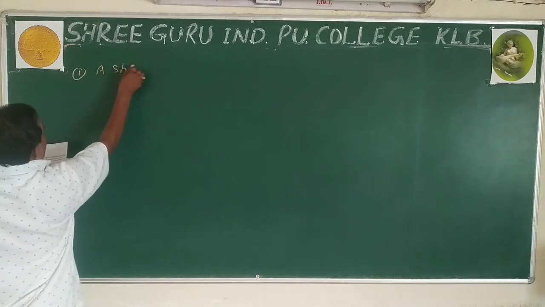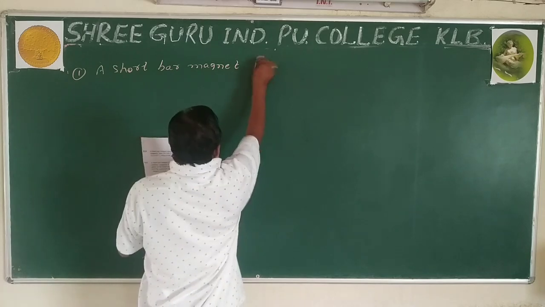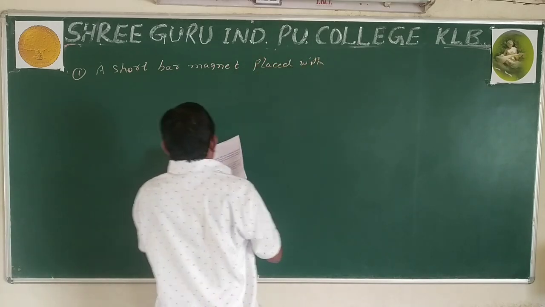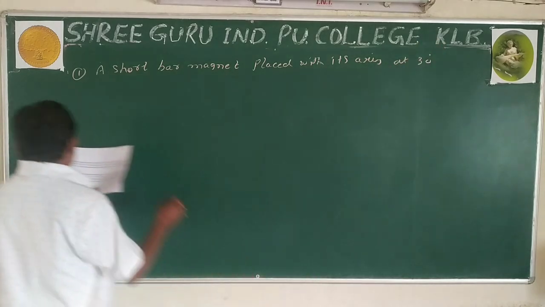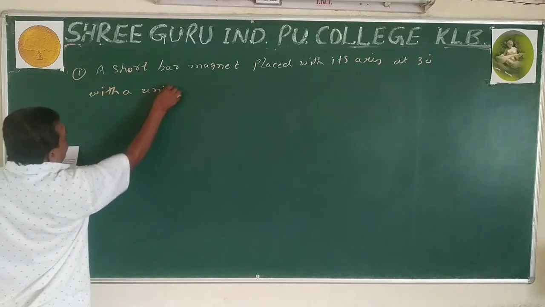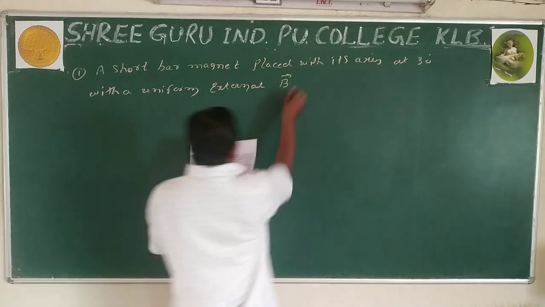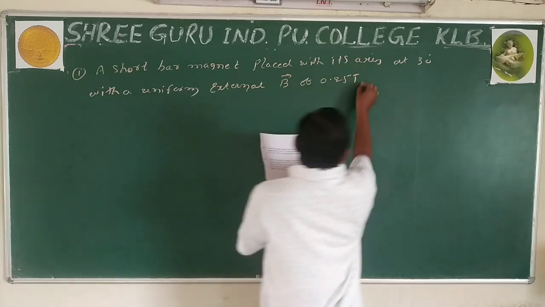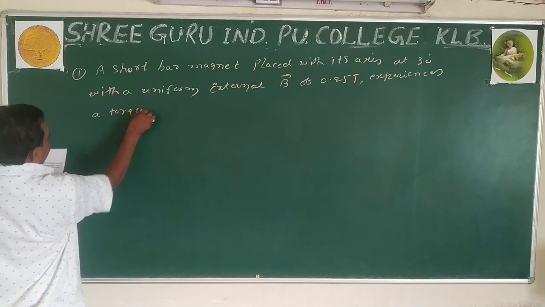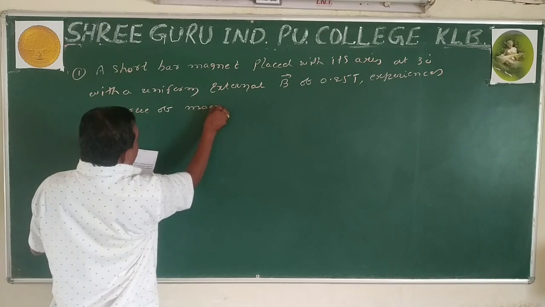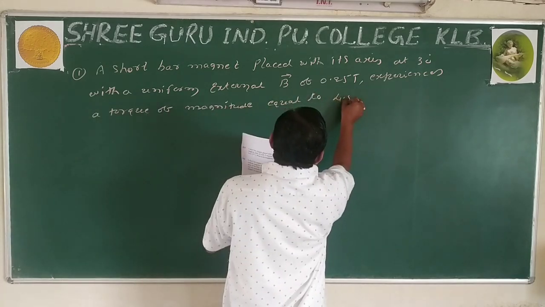A short bar magnet placed with its axis at 30 degree with a uniform external magnetic field of 0.25 Tesla experiences a torque of magnitude equal to 4.5 into 10 to the power of minus 2 joule.